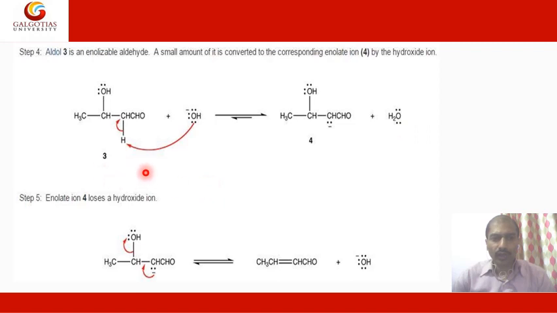The enolate ion loses the hydroxide ion. Here the OH ion is lost, so an unsaturated product will be formed.